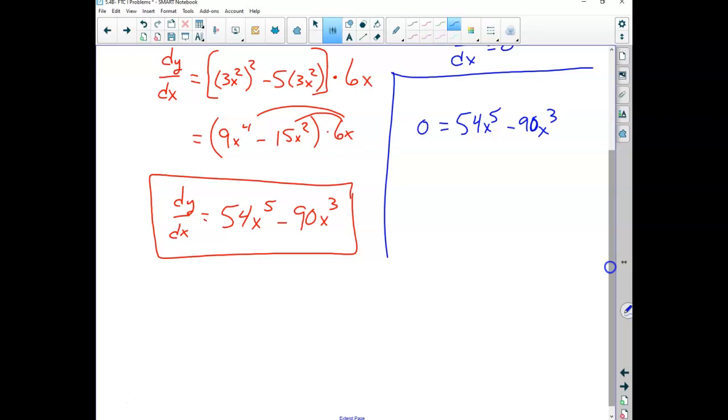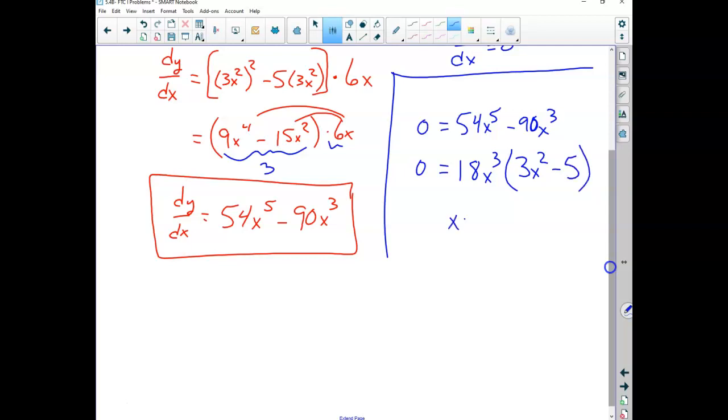As I came through, I can see there's a GCF in here of 3, and the 6 got distributed, so if I'm going to factor this, there's going to be an 18x cubed coming out of there. And when I take an 18 out of 54, that's 3x squared minus, when I take my 3 out of 90, that's going to be a 5, right?